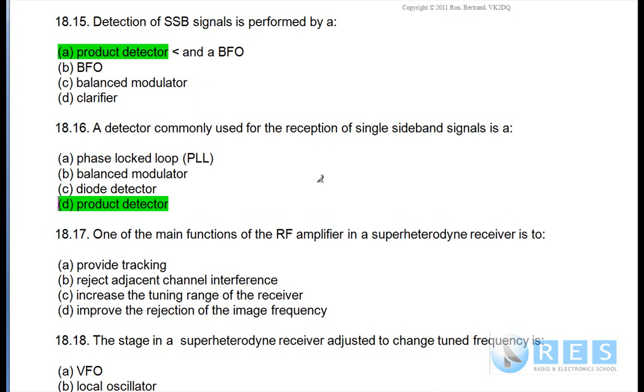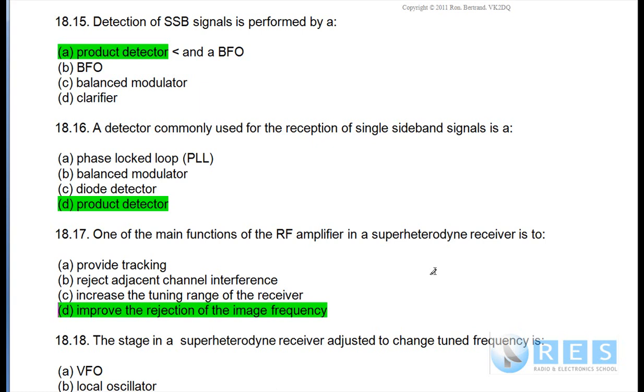18.17, one of the main functions of the RF amplifier in a superheterodyne receiver is to improve image rejection. Remember the first RF amplifier on the receiver? Remember we said that it is a broadband amplifier, but it's not really broadband. The RF amplifier in a receiver can receive the entire band that you're operating on.